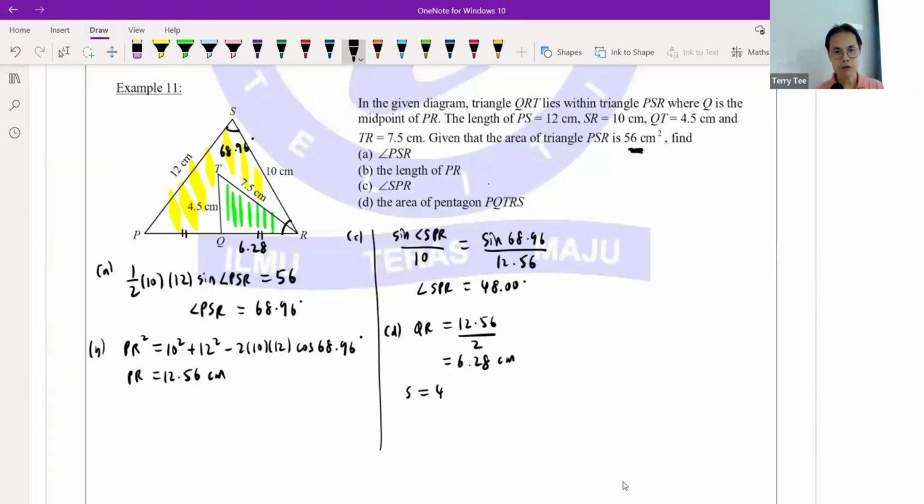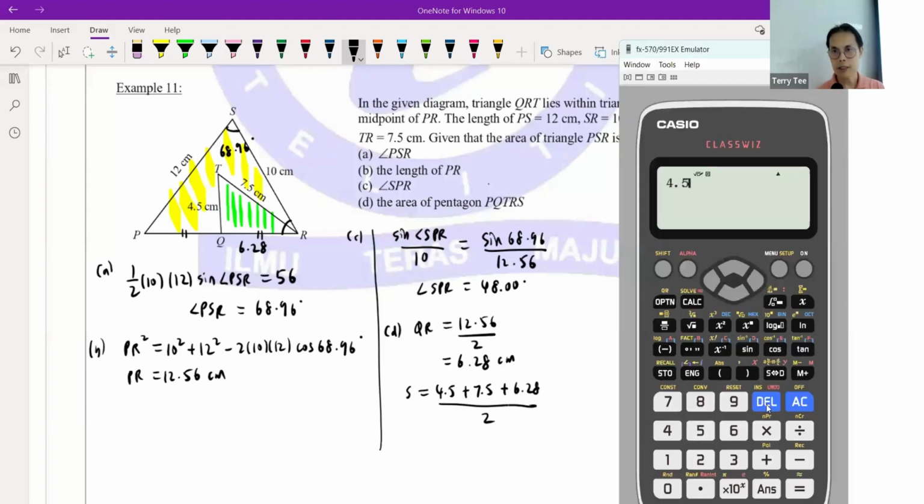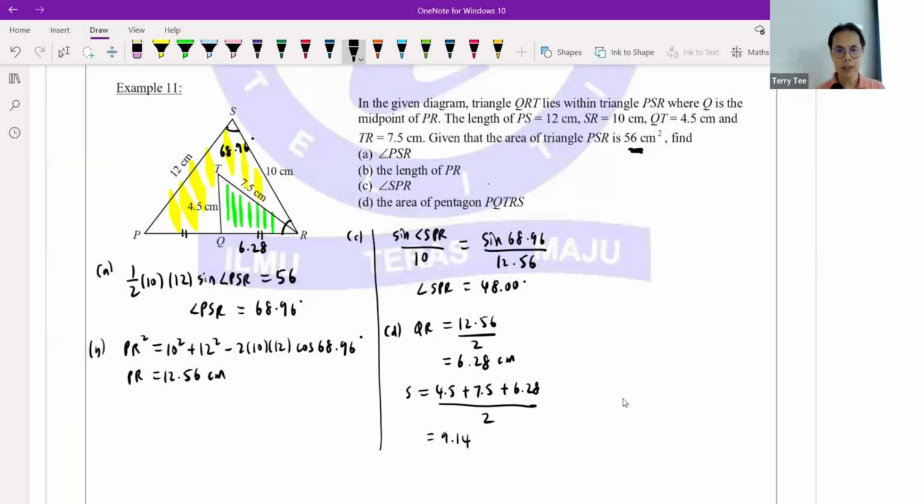So let's use Heron's formula. Find the semi-perimeter: 4.5 plus 7.5 plus 6.28, divide by 2. Use your calculator. I should get 9.14. Then find our area.